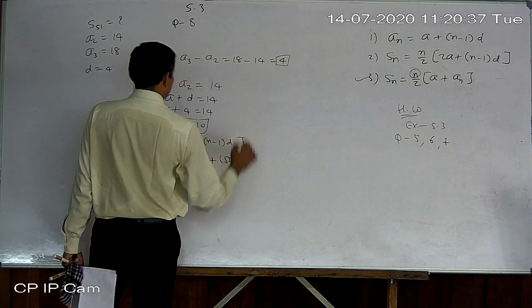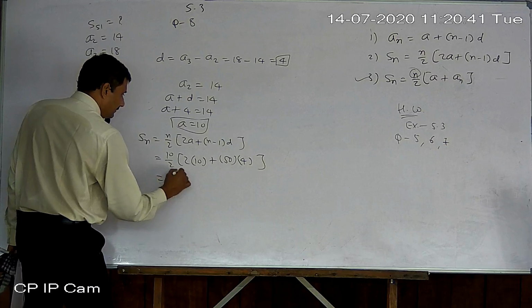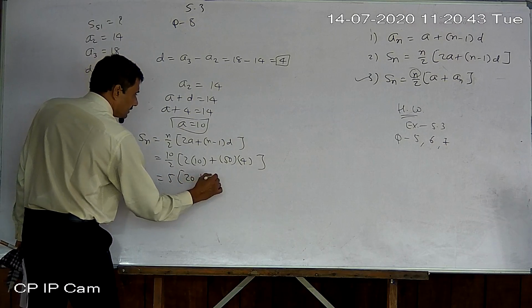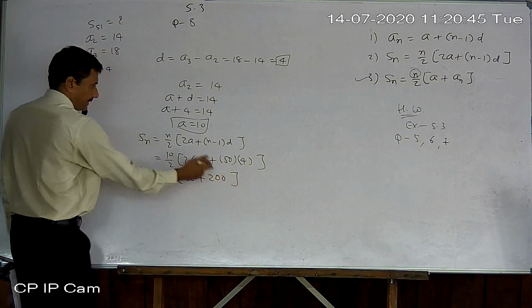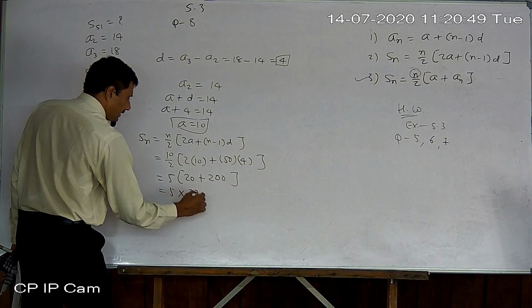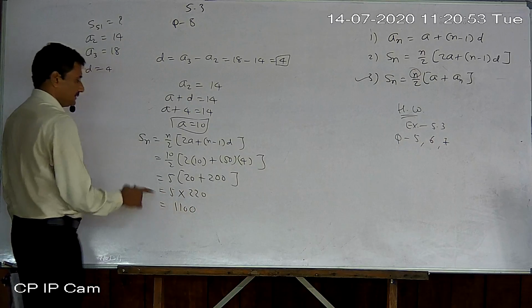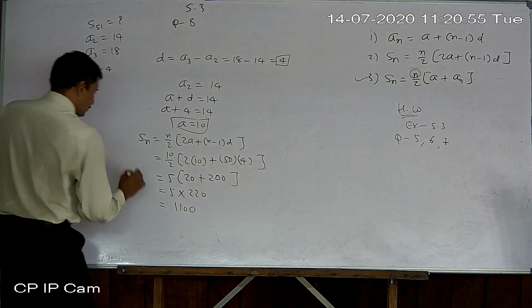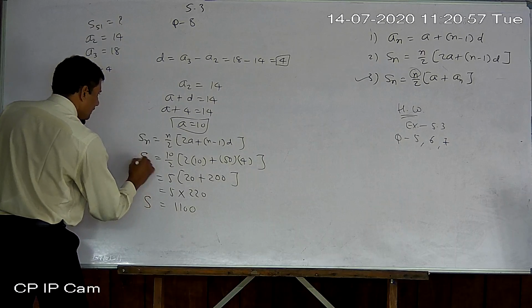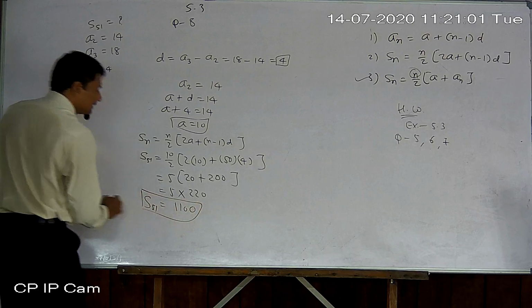D we found 4. Just simplify it. So 51 by 2 times 20 plus 200, which gives 1100. Okay. So S51 is 1100. This is our final answer.